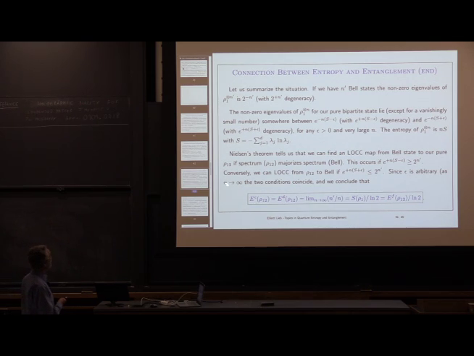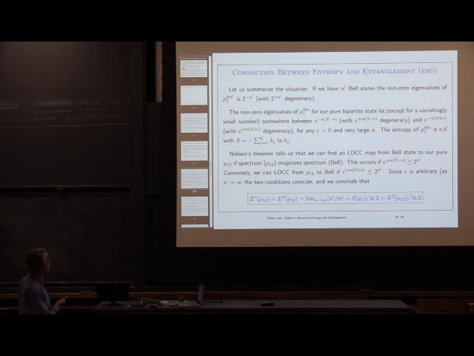Okay. So if we have n prime Bell states, the non-zero eigenvalues of rho 1 n prime is exactly 2 to the minus n prime, and that's the degeneracy. So that adds up to 1.